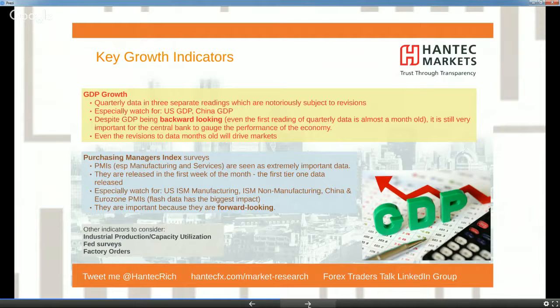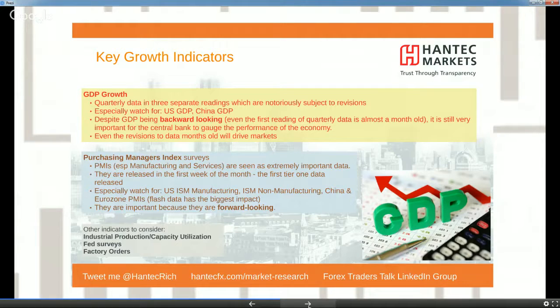The other economic growth data that I'm going to be talking about is the PMIs. The PMIs are forward-looking data points, so they are getting an increasing focus from the market. They're important because they are pretty much the first data point released on a monthly basis.